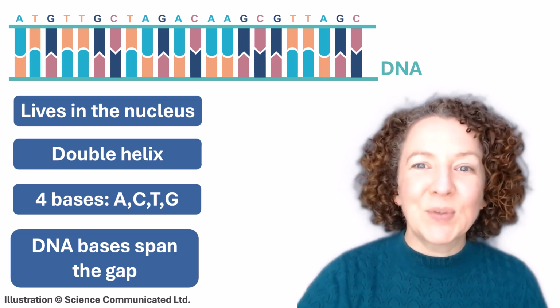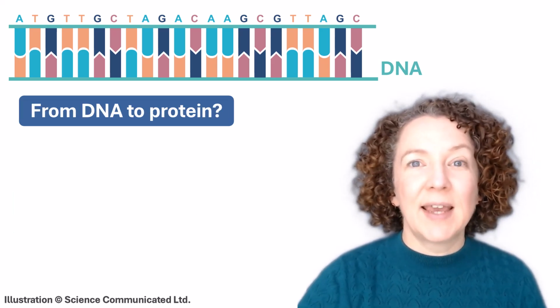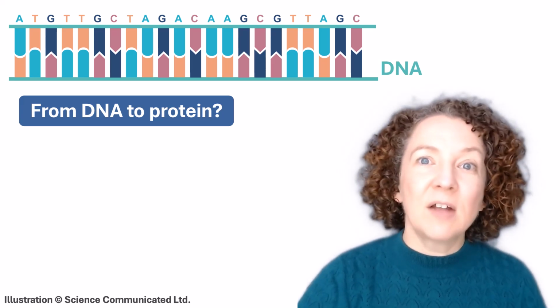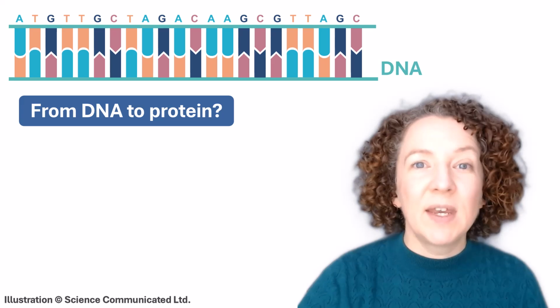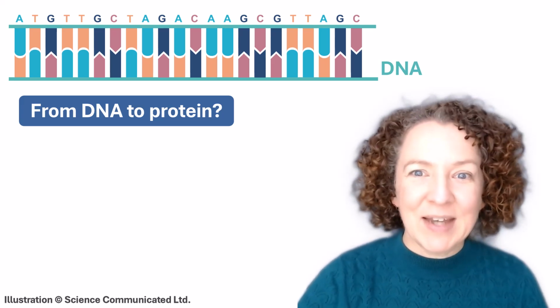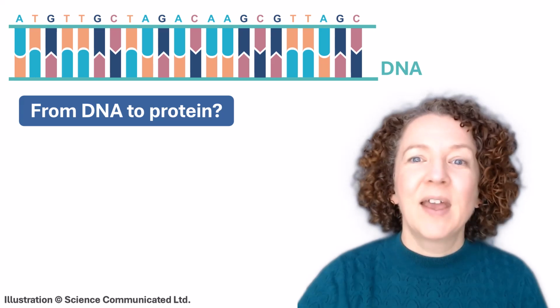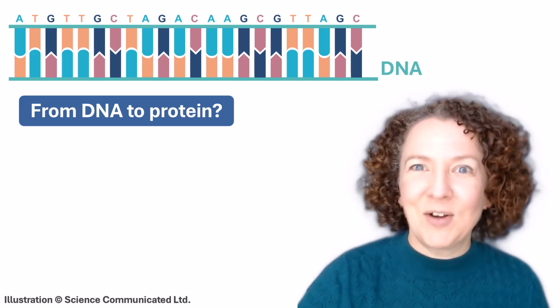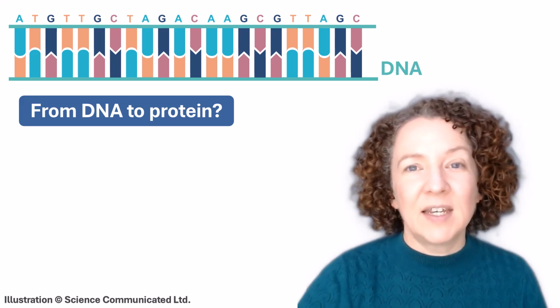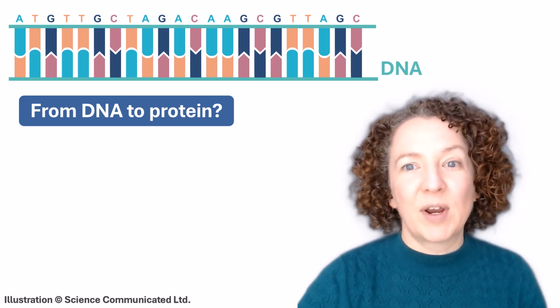Okay, so now I want to explain how cells use their DNA in order to make proteins. The first step is for the cell to locate the gene it wants from within the 2 meters of DNA in its chromosomes. That, as you might imagine, is a whole story in itself, and one that I'm going to conveniently ignore. So here we have the gene that the cell has decided it wants to use to make a protein.